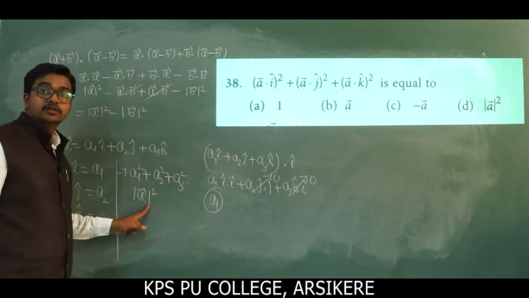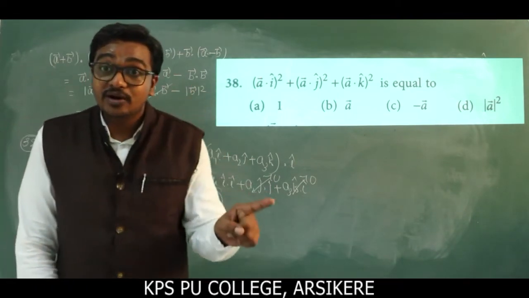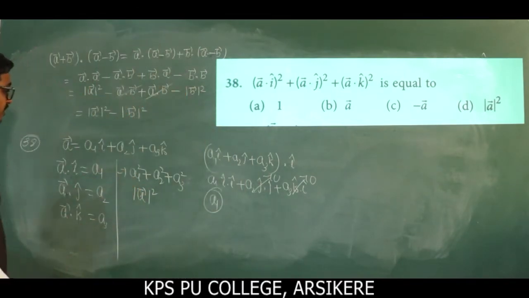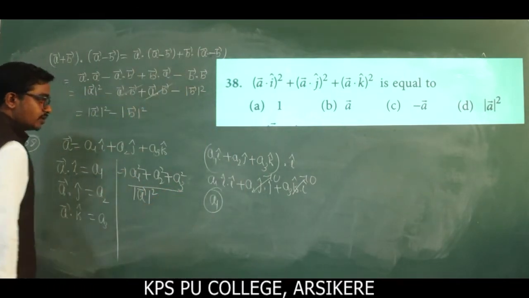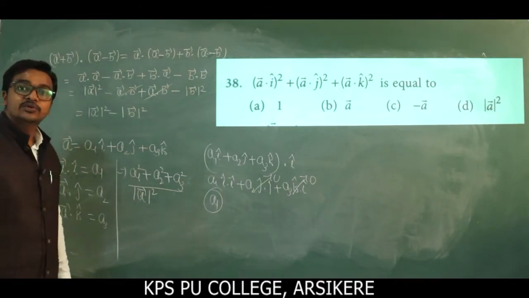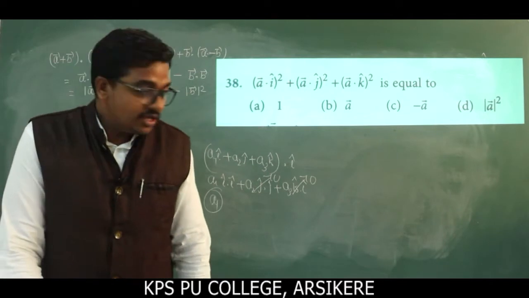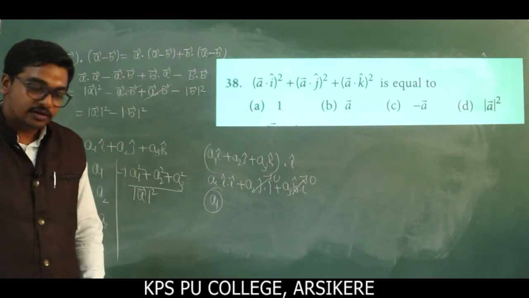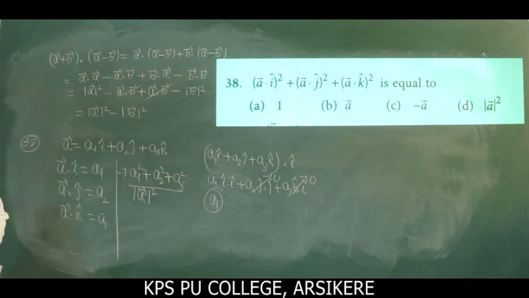Magnitude of vector A is the square root of a1 square plus a2 square plus a3 square; squaring on both sides we get the same quantity. Therefore a1 square plus a2 square plus a3 square is nothing but magnitude of vector A whole square. Option D is our right answer. Understood, children? This is question number 38 and option D.